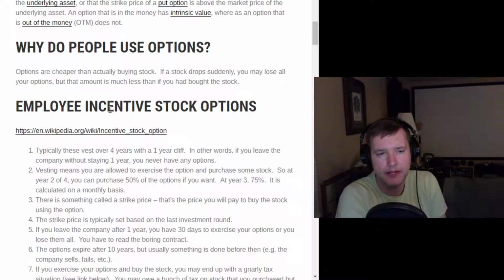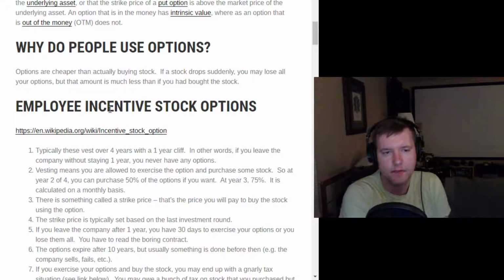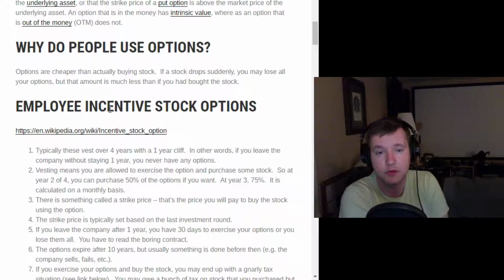So what does it mean when I say vest? Well, the term vest means that you are allowed to exercise the option. In other words, when an option vests, you could go to your HR or whoever you go to, and say, I would like to exercise my vested options.